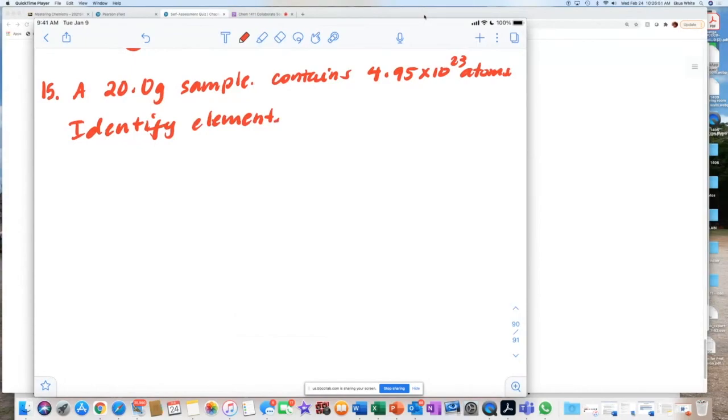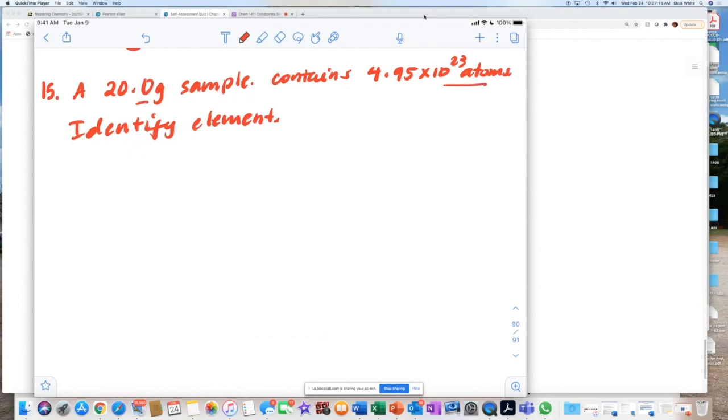Now, before I start doing all my work, as a person who is working this out, I'm thinking, wait, they didn't give me the unit of my answer. That makes me a little anxious because I usually rely heavily on the unit. Normally, we identify atoms by their number of protons. But there is no math that we're doing here with these starting numbers that will give me the protons.